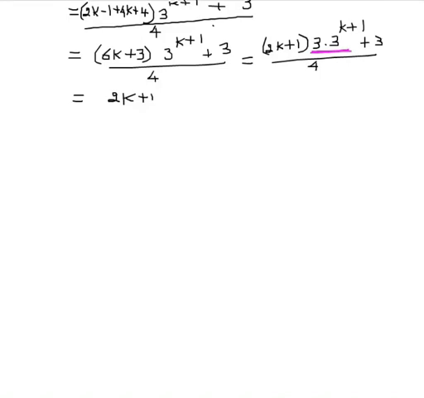Add the exponents. It becomes k plus 2, plus 3 divided by 4. This is the right hand side of p of k plus 1 statement. That's it, we have proved.